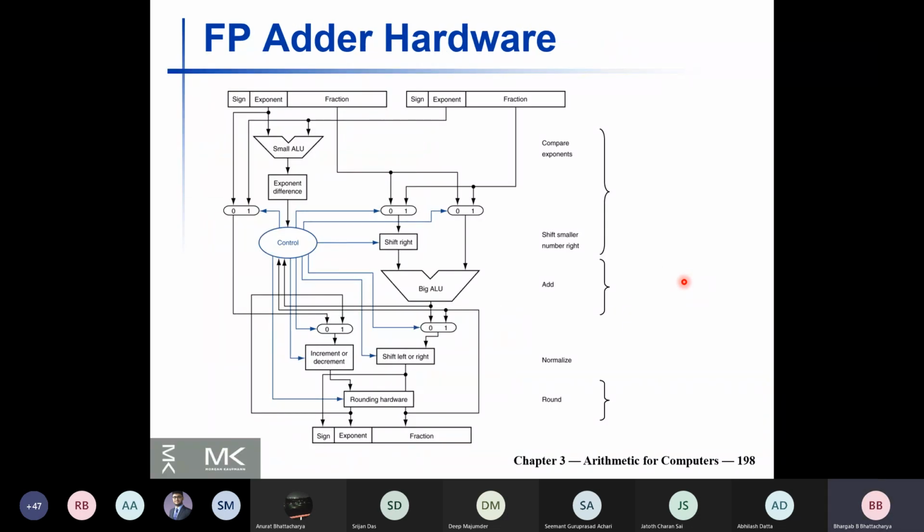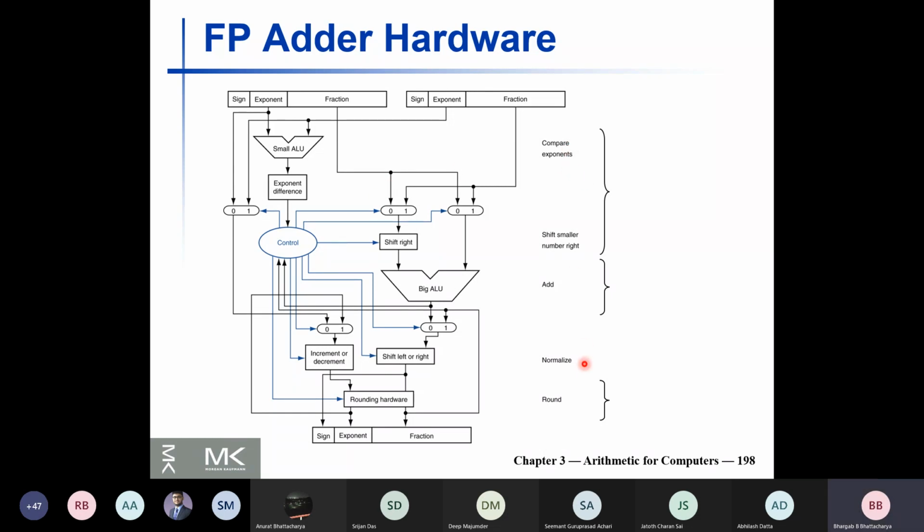So as you can see, this is a little bit involved process, and this is the hardware which is employed to implement the addition processing. This is a block diagram level view, and I can just explain what is happening here.